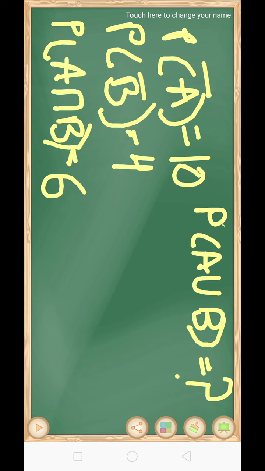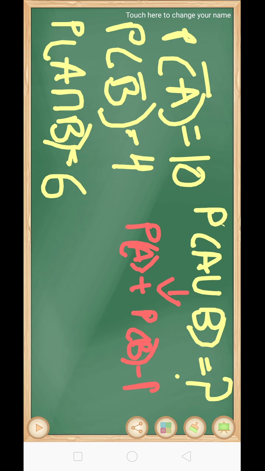As you know the property, P(A union B) is equal to P(A) plus P(B) minus P(A intersection B).